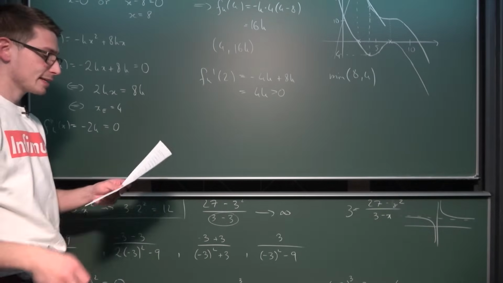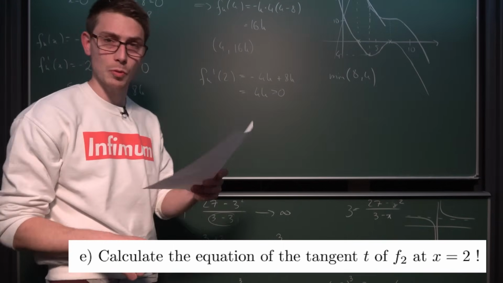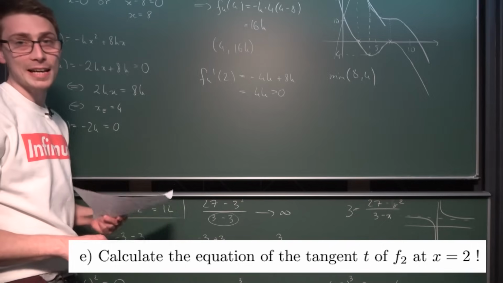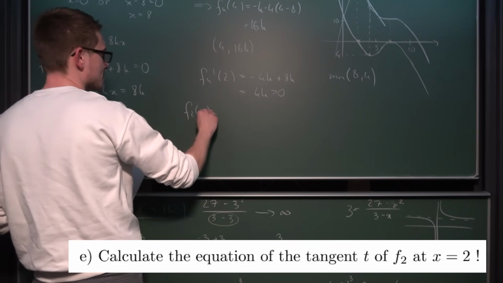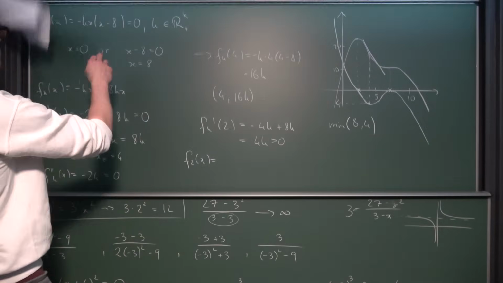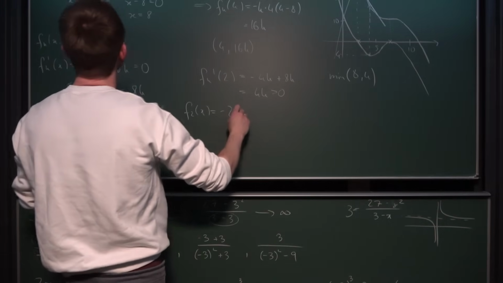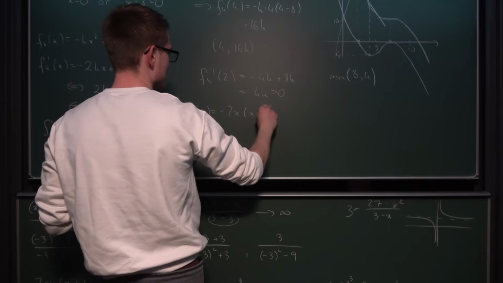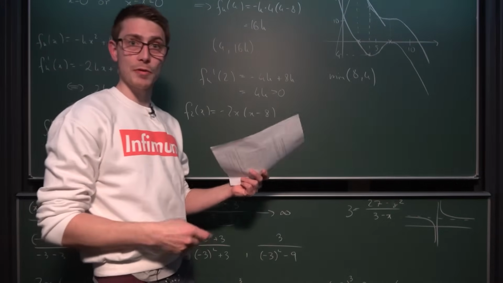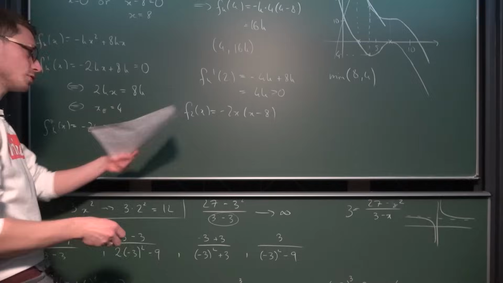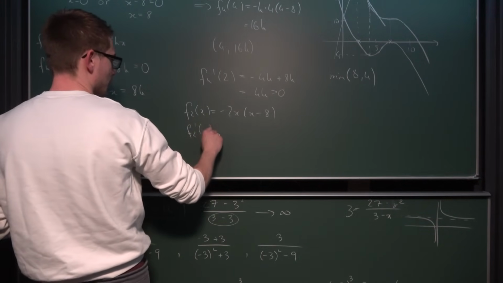And last but not least, calculate the equation of the tangent t of f_2, so we plug 2 into our k, at x being equal to 2. So at first we write out what f_2 of x actually is. If we plug 2 into here, what we are going to get is negative 2x times x minus 8. Obviously, we need to find out what the slope of our tangent is going to be, meaning we are going to differentiate this, f_2 prime of x.